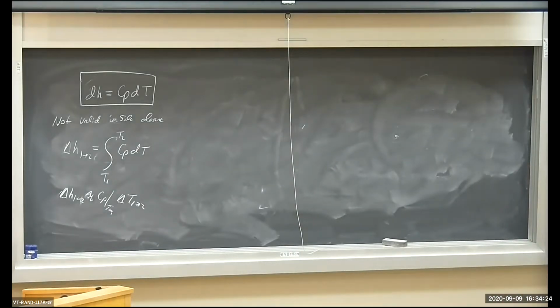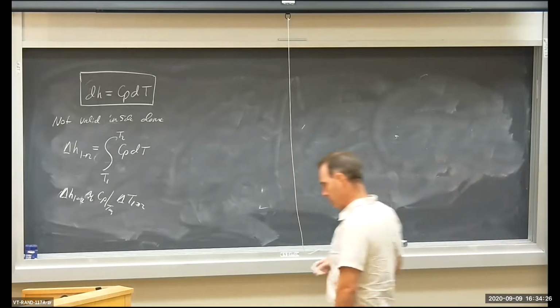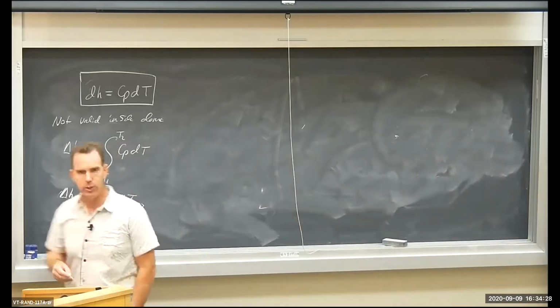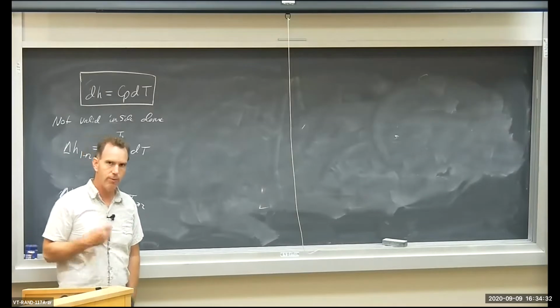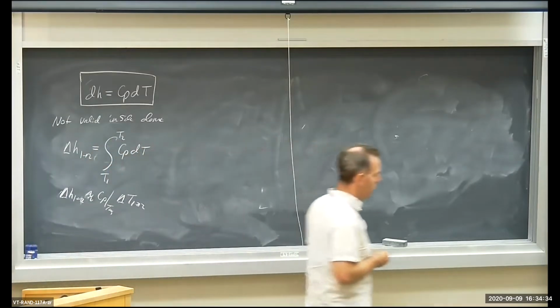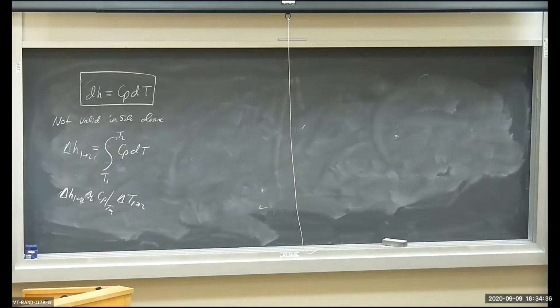Now, if you have a solid or a liquid, liquids and solids do not compress very easily. Their change in volume is quite small. So for a solid or a liquid, there's no boundary work, and these results must be the same.